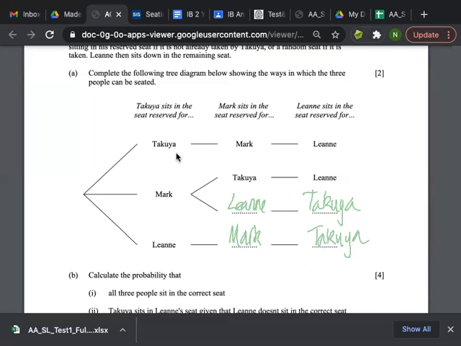If the first person sits in the correct seat, the second person has to sit in theirs, meaning there's a 100% probability. Meaning the third person doesn't have a choice, 100% probability because they don't have another option. So it's 1/3. But remember that because we're moving down a pathway, you have to multiply. So technically we're doing 1/3 times 1 times 1.